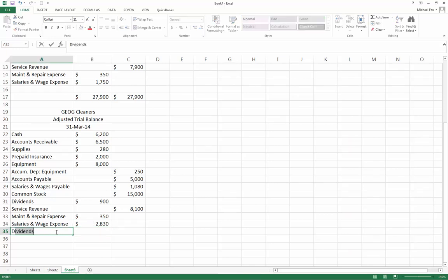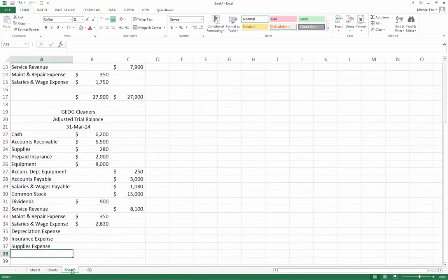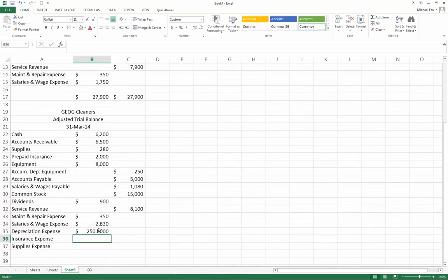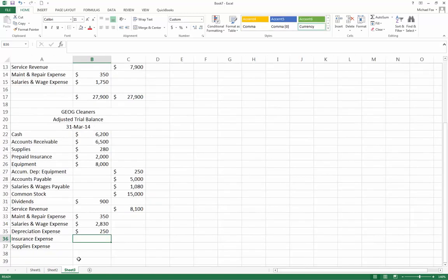We have depreciation expense, insurance expense, and supplies. And they had balances of depreciation $250. Whoa, it's doing that weird thing again. Insurance expense was $400.